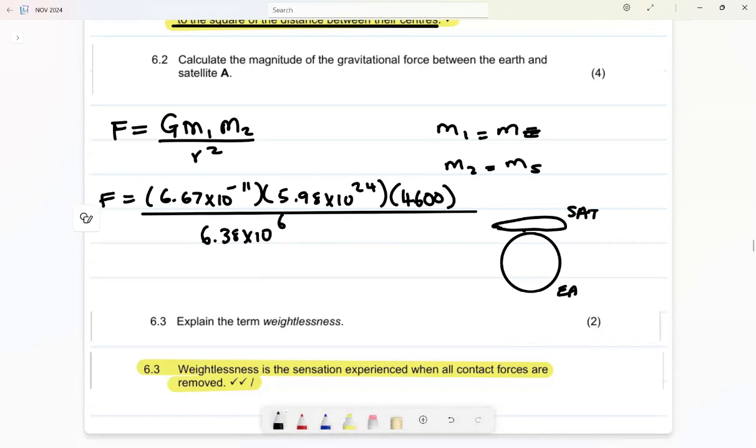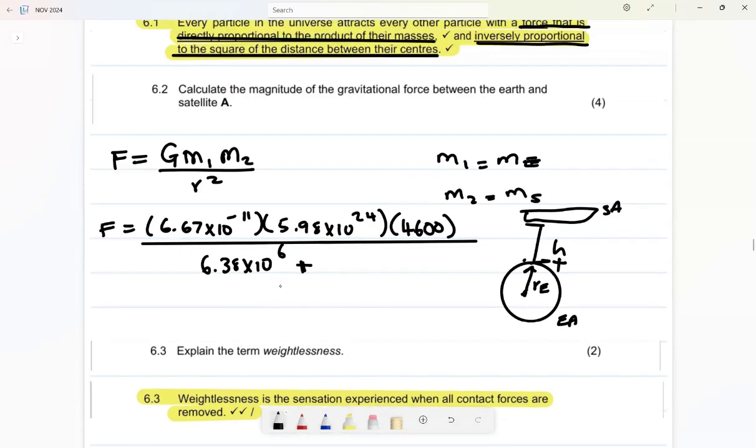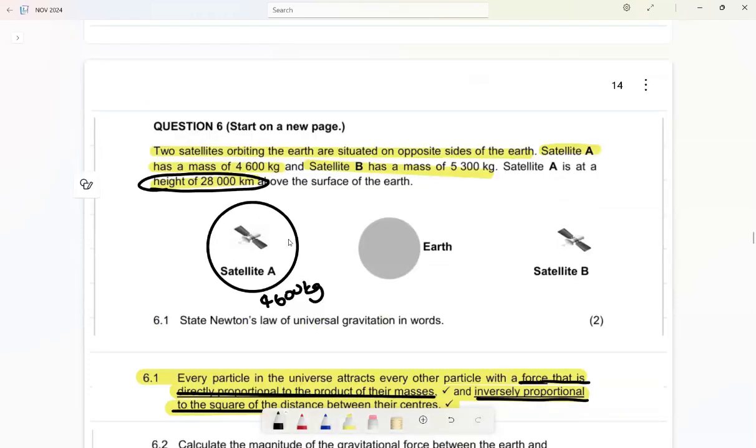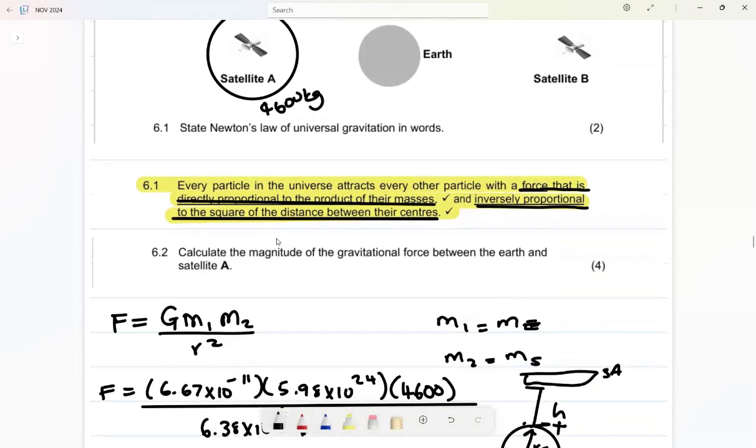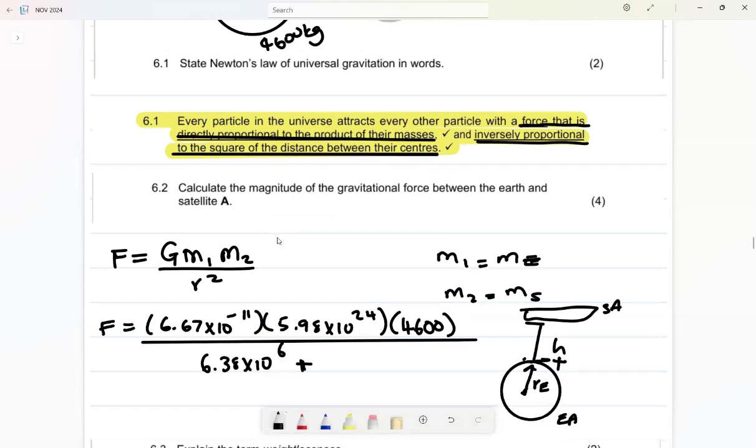But now, since the satellite is at a height, it's going to be the radius of the Earth plus the height above the ground. The height above the ground we're given to be 28,000 kilometers.